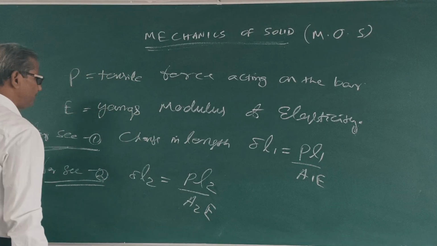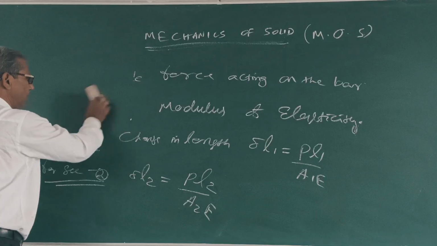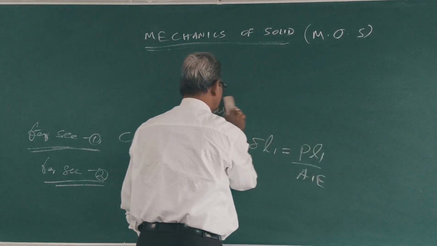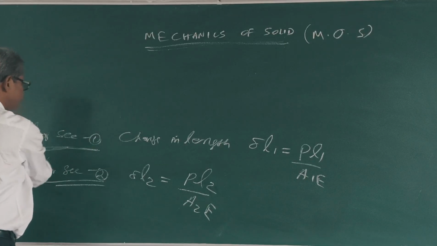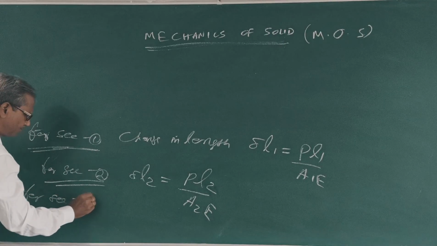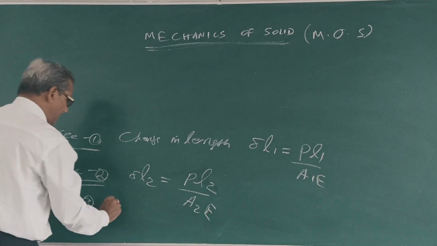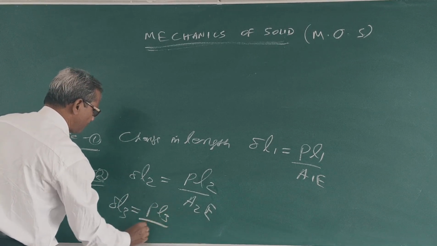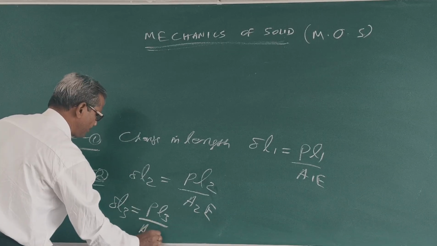For section 3, what is delta L3 equal to? PL3 by A3E. Clear?